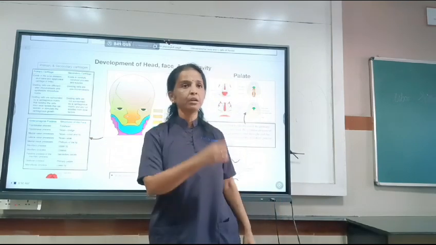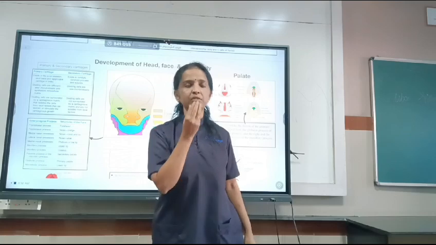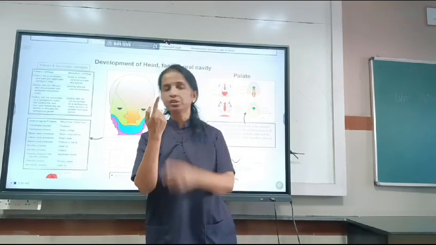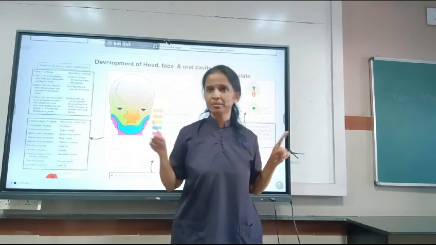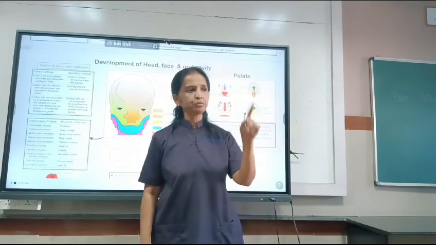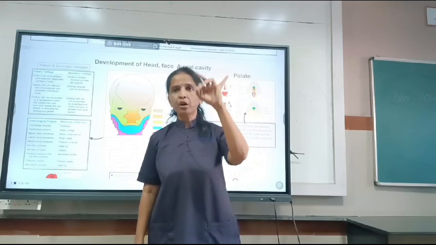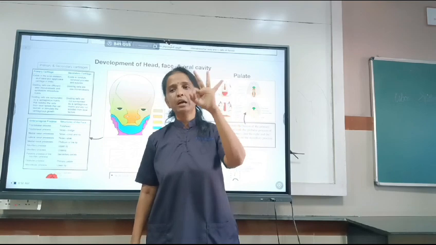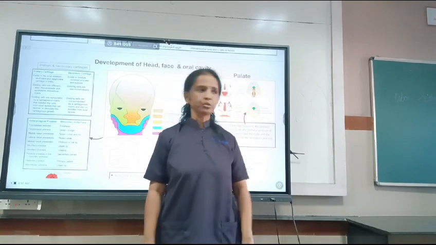And then we have the nose alone. If somebody asks, what will you say? Frontonasal process, medionasal process and lateronasal process. Is that clear? So the nose develops from 3 processes: frontonasal, medial nasal and lateronasal process. Is that clear?